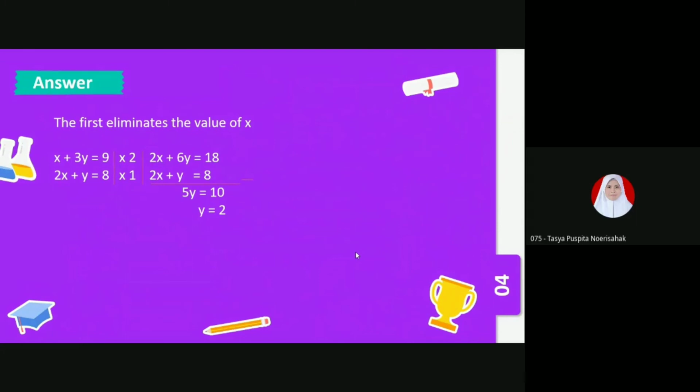Multiply the first equation by 2. So the result: the first equation 2x plus 6y equals 18, and the second equation 2x plus y equals 8. Subtract the second equation from the first equation. 5y equals 10. Now we know y is 2.